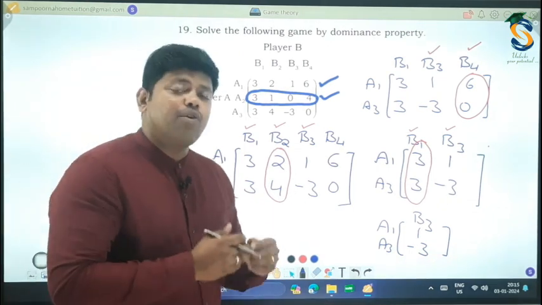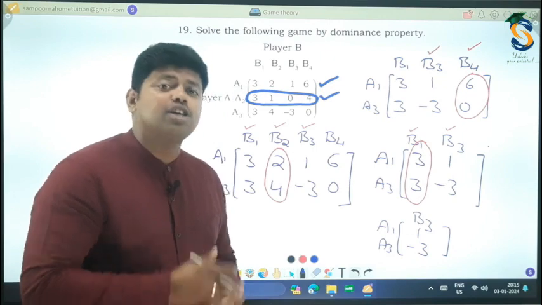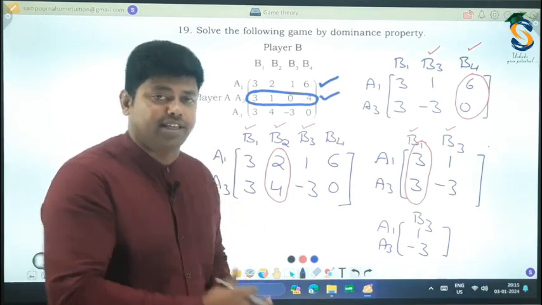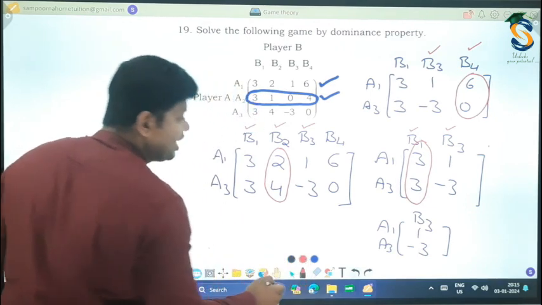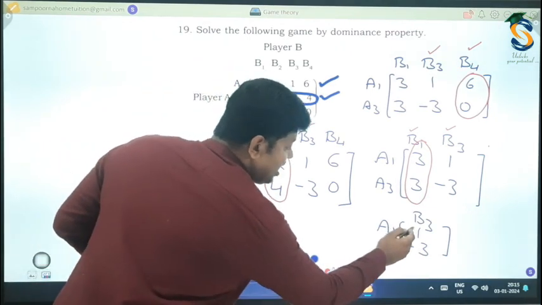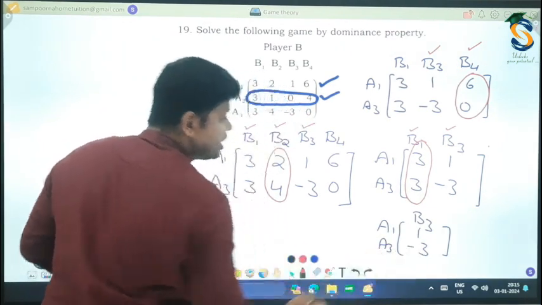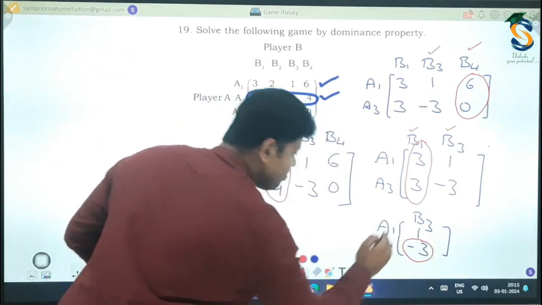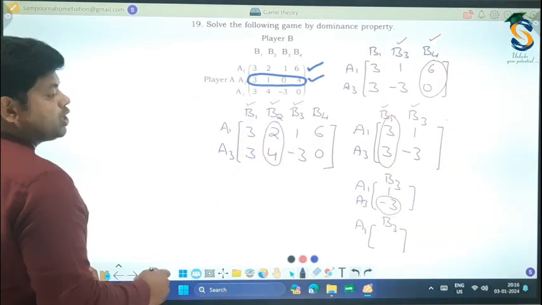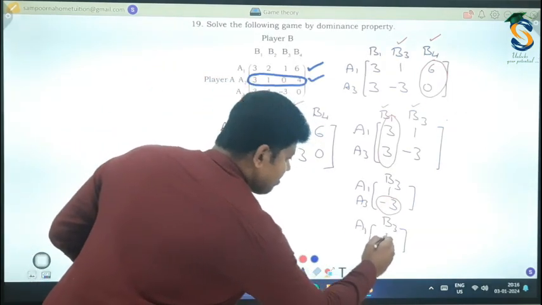In this, we know that row wise, the smaller one you need to delete. As we have 2 rows, we need to delete the smaller one. Here 1 is greater than minus 3, hence delete the smaller one. So the remaining is 1.